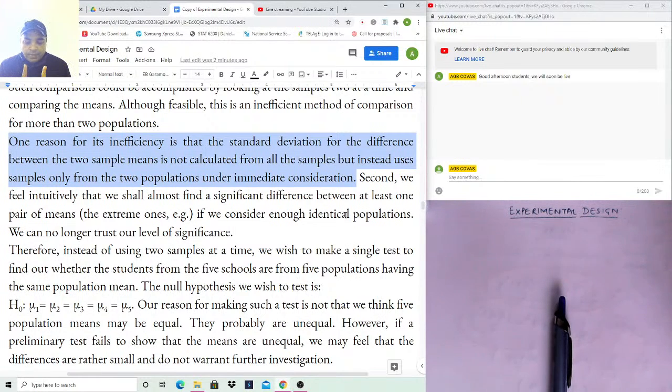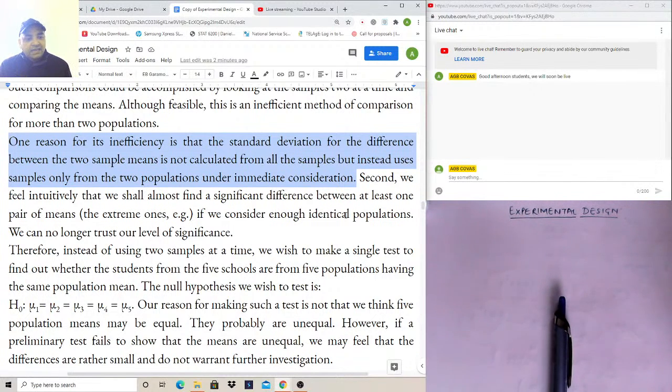Because when we compare two groups, the pooled standard deviation will be from these two groups only. Whereas with the F test, the pooled standard deviation, or the variation, will be from all the groups. So the variation of all the groups will be taken into consideration when comparing with each other. It is always better to have all the groups side by side instead of simply two groups, right?